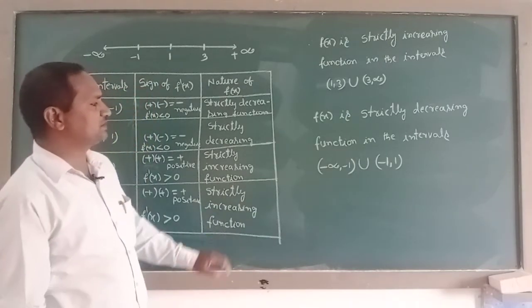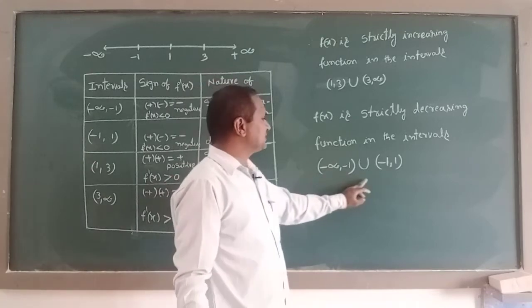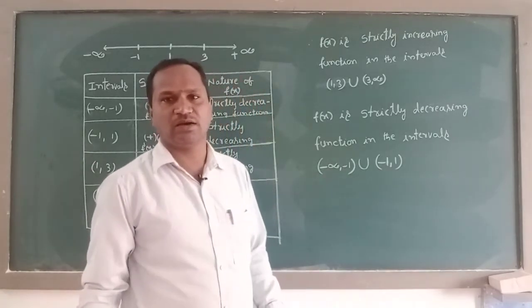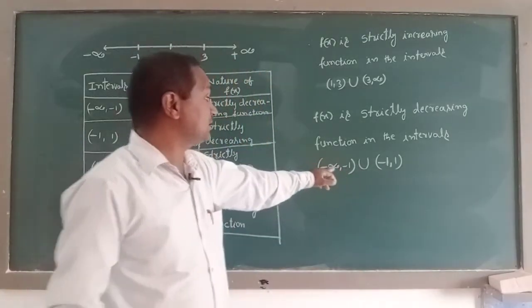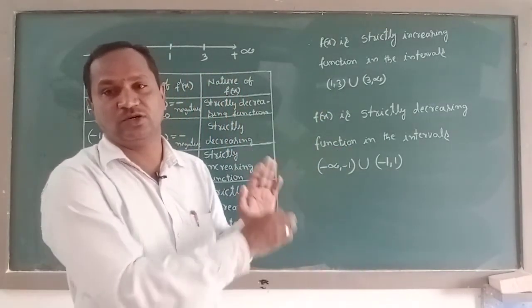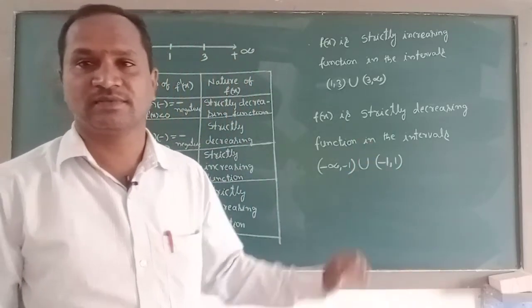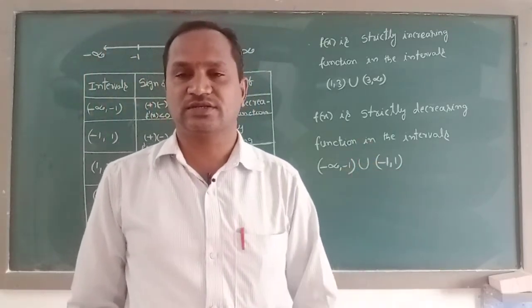We are going to represent the intervals like this. In this case strictly decreasing, and in that case strictly increasing. Like that we give the solution for strictly increasing functions and strictly decreasing functions.